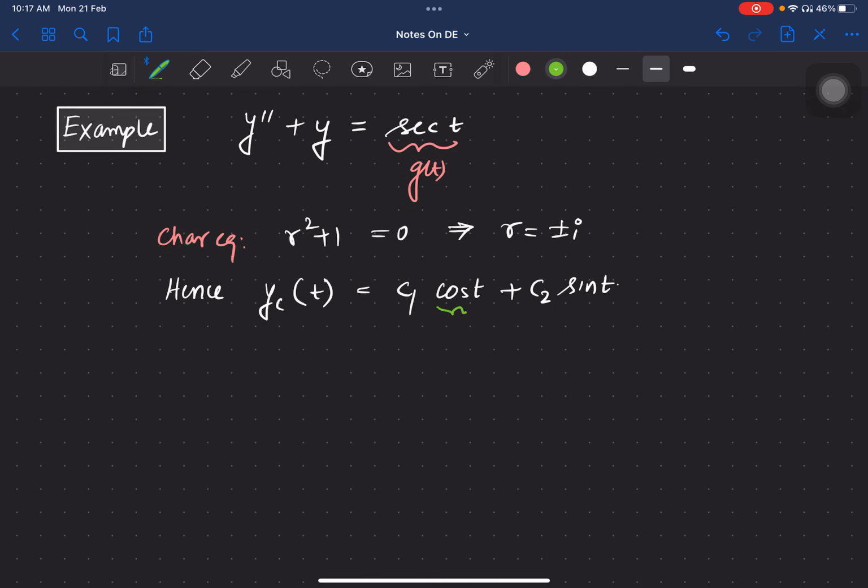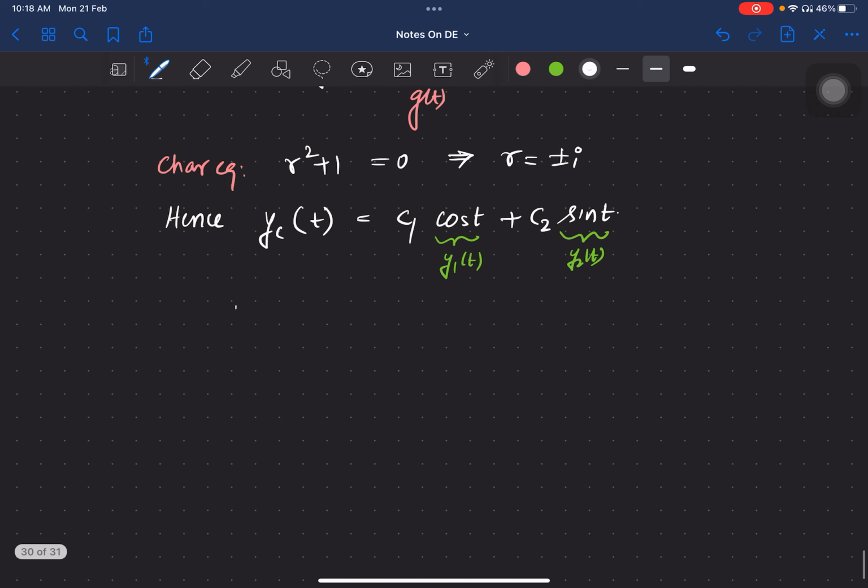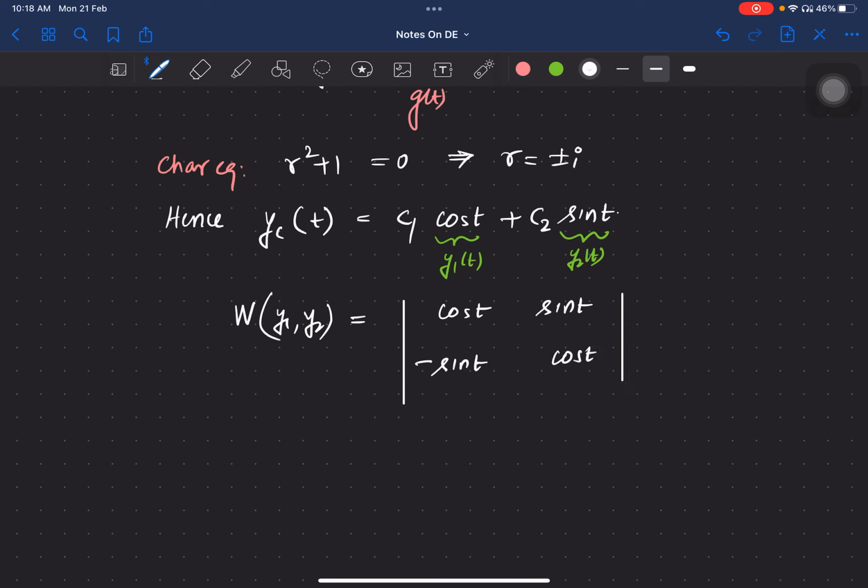So this is our y1(t) and this is our y2(t). Now let's quickly calculate the Wronskian of y1, y2. It's cos t times cos t minus sin t times negative sin t, which is cos square t plus sin square t, so it's 1.